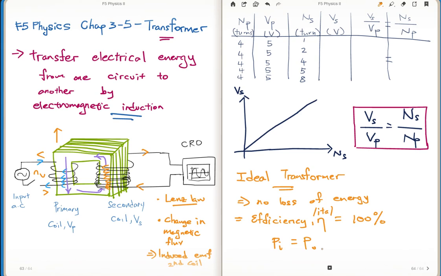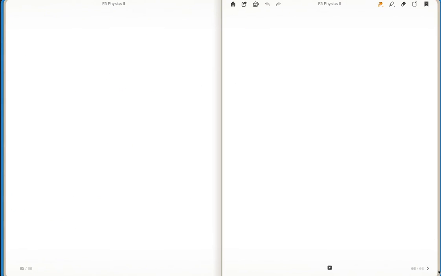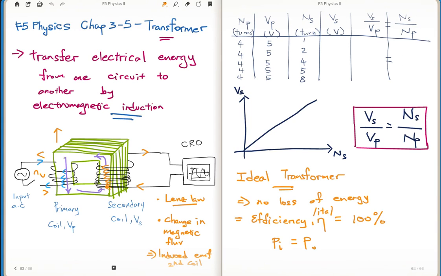Okay? Now in reality, it's not the case, because what happened, there will be a loss of energy over the coil. When the magnetic field switches its direction from north to south, south to north, there's a loss of energy in terms of heat. That's why this coil will be very hot, and you wouldn't want to touch it.